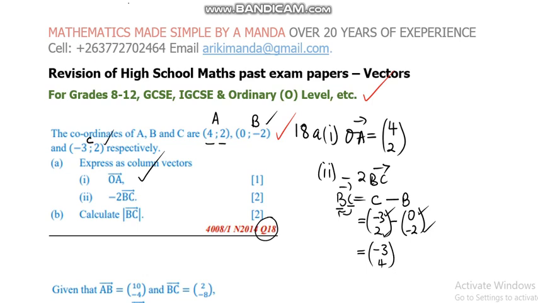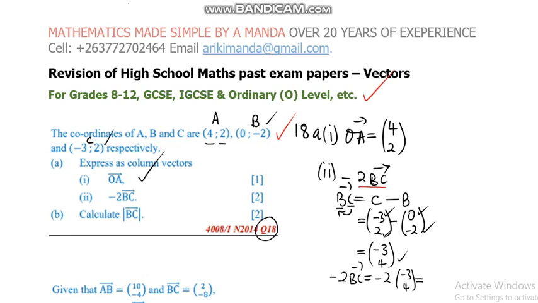We are done. But remember, the question says find what? Negative 2 BC. So the last part we simply say now -2 vector BC is equal to -2 multiplied by that vector, which we got here. And then if we simplify, what will be our final answer?